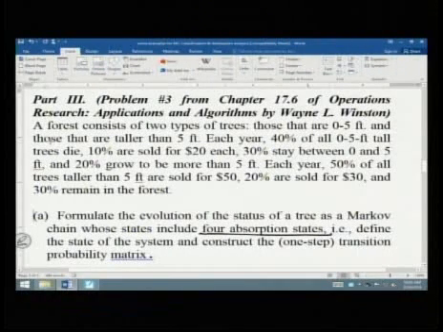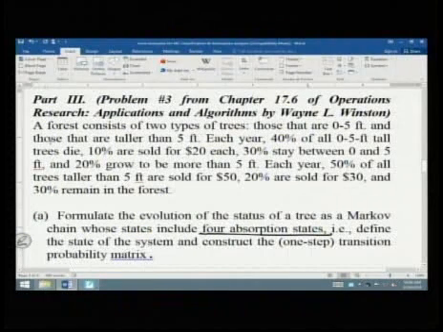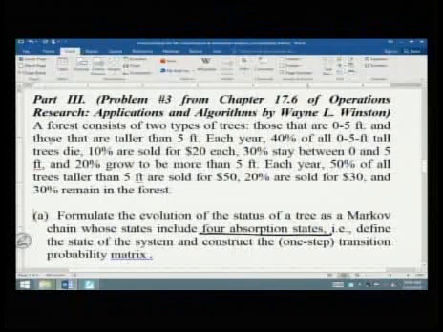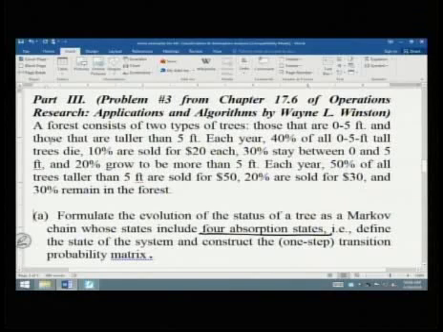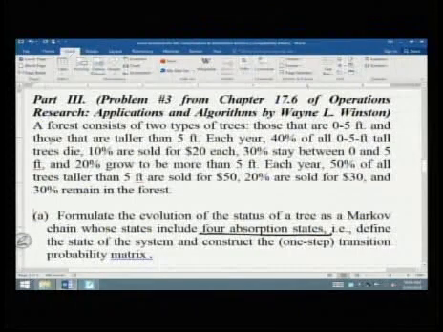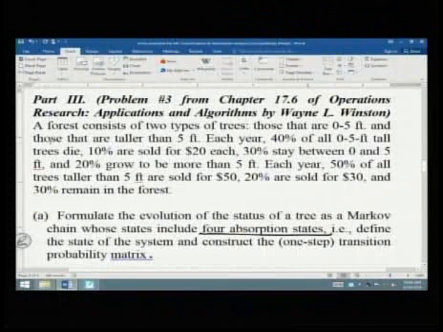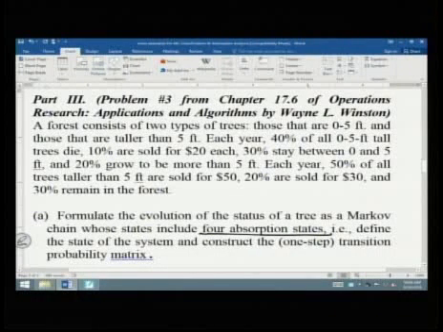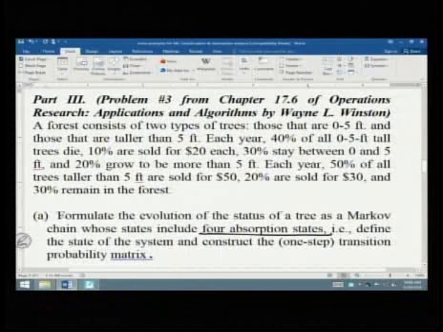Okay, so how many different states did you define? 6? 4? Okay, we have 2 different opinions. Keep in mind that it gives you a hint: we are required to formulate the evolution of the status of a tree.